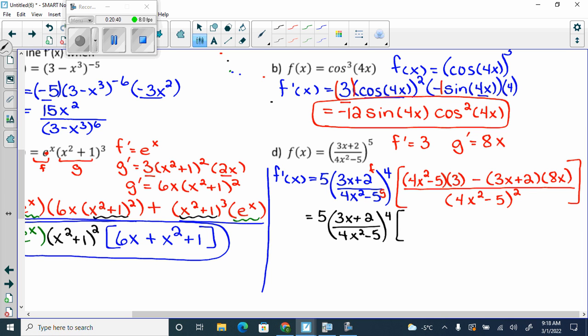And then I'm going to get 12x squared minus 15. And then I'm going to make the minus with this. I'm going to get minus 8x and distribute. So I'm going to get negative 24x minus 16x.